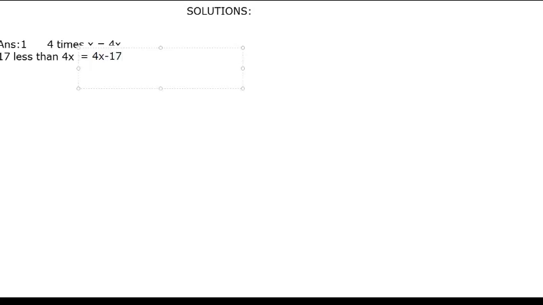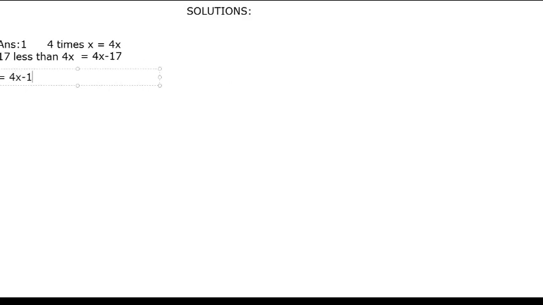So what is it equal to? Let's get solving. 4x minus 17. Hence, the required answer.